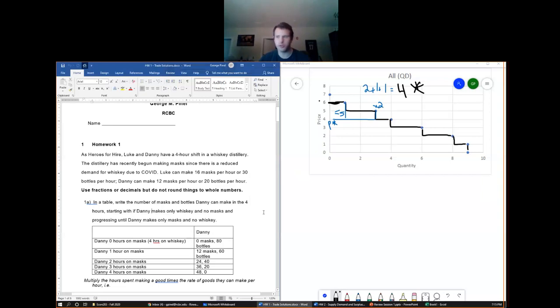This is just simple multiplication. If Danny spends 0 hours on masks and he makes 12 masks per hour, he's making zero masks. And if he spends 4 hours on whiskey and makes 20 bottles per hour, he's going to make 4 times 20, so 80 bottles. And it just progresses like that.